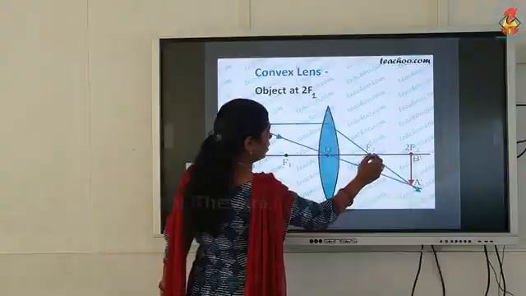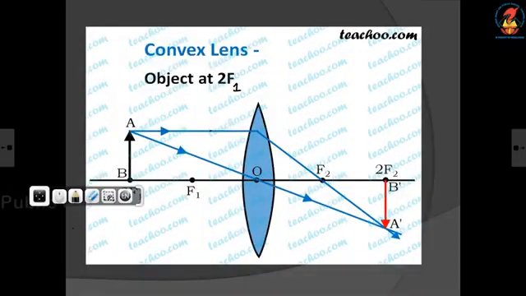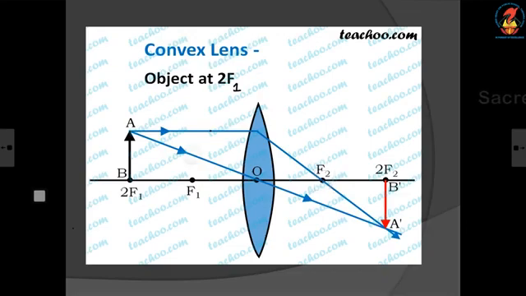After refraction, it passes through the principal focus on the other side of the lens. A ray of light passing through the optical center will not suffer any deviation.